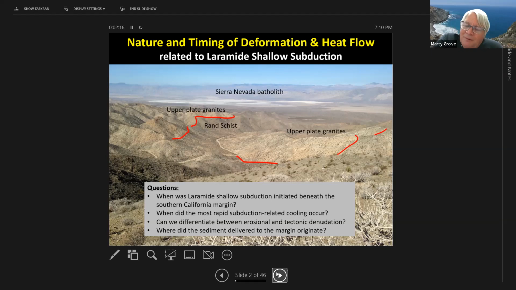And finally, we have a significant record in the Forearc Basin from the Laramide Shallow Subduction event. We want to ask, where did this sediment originate for the most part?